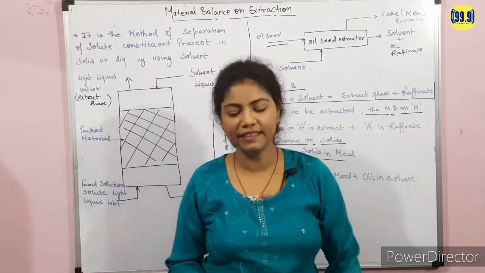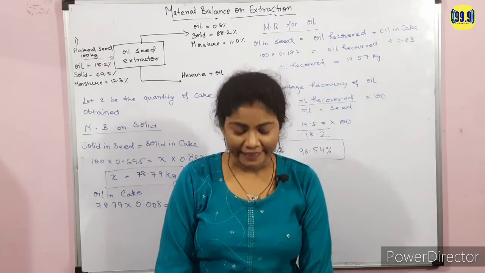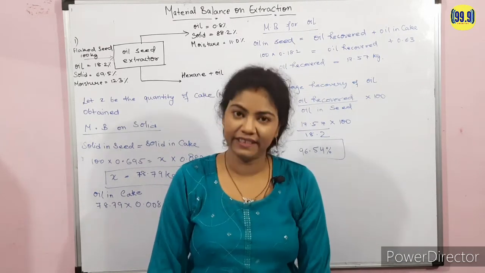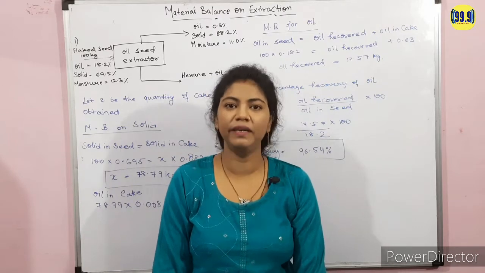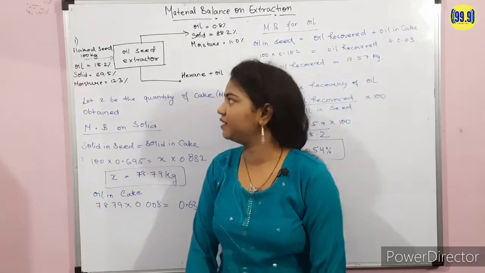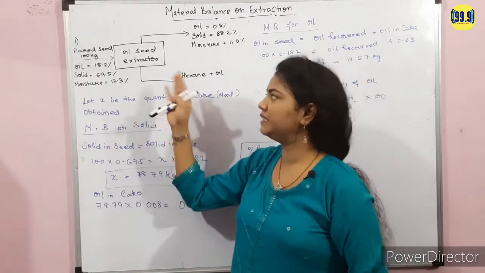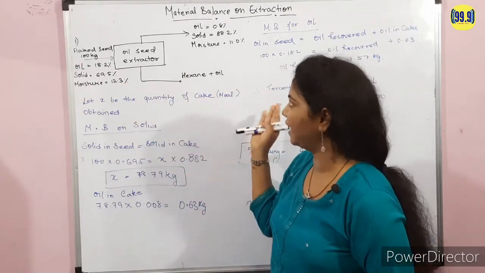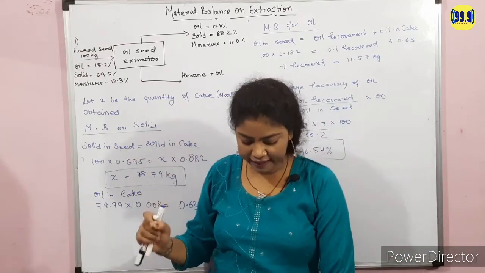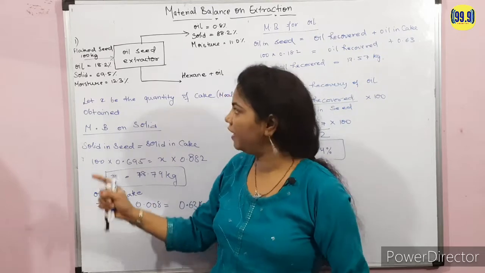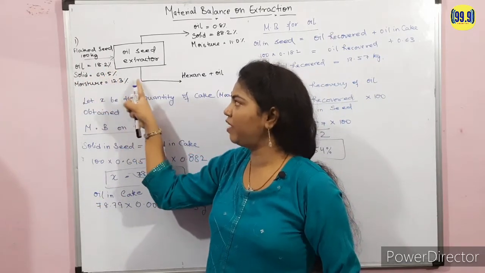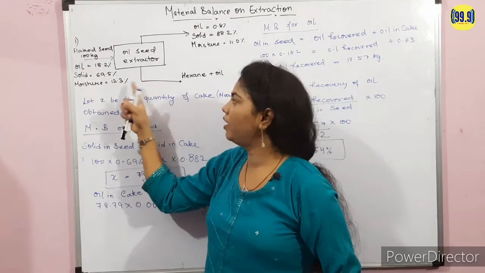The first question is: soya bean seed is to be extracted with hexane in a batch extractor. The seed contains 18.2% oil, solid 16.5% and moisture 12.3%.